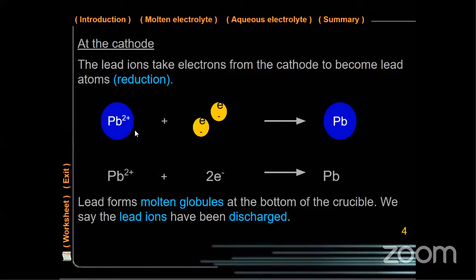There is your ionic half equation: Pb2+ + 2e- gives Pb. So the Pb2+ is discharged. It loses its charge. And so molten globules of lead are formed at the bottom of the crucible. That's what happens at the cathode. Cations go to the cathode, receive electrons, and are discharged.